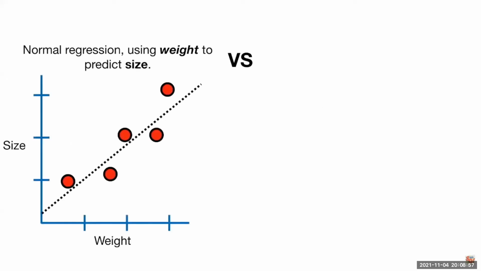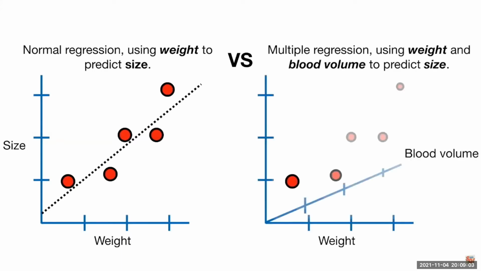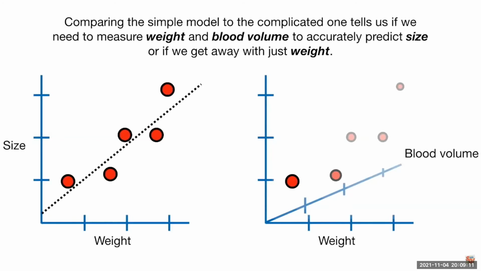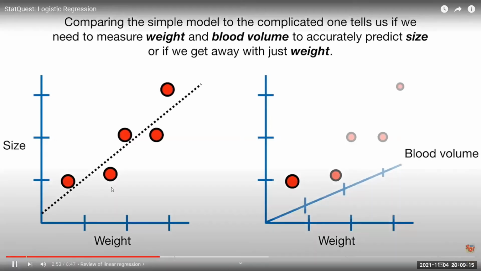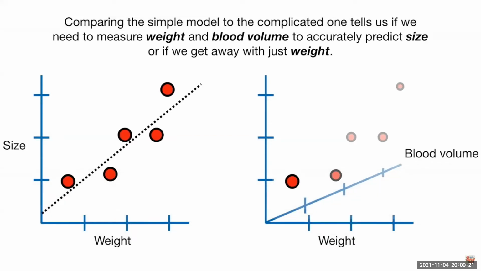So on the left side, we've got normal regression using weight to predict size. And we can compare those predictions to the ones we get from multiple regression, where we're using weight and blood volume to predict size. Comparing the simple model to the complicated one tells us if we need to measure weight and blood volume to accurately predict size, or if we can get away with just weight.